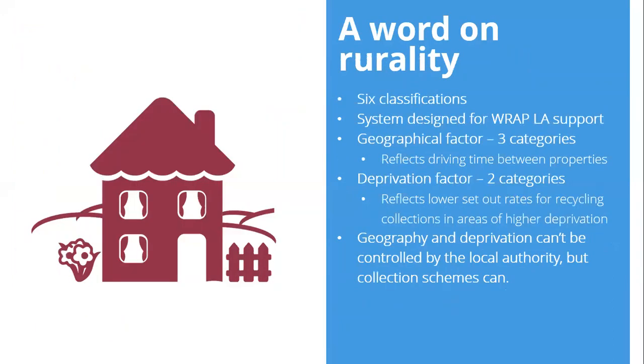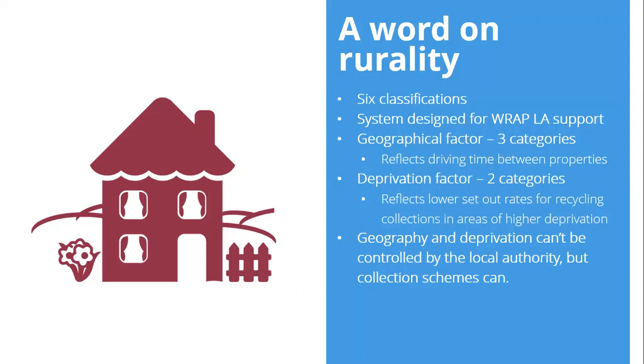Quick word on rurality, which is a term we introduced in last week's webinar. For those of you that weren't able to join us, it's a system that was specifically designed for RAP's local authority support program. And there are 6 classifications, and they are based on geographical factors.